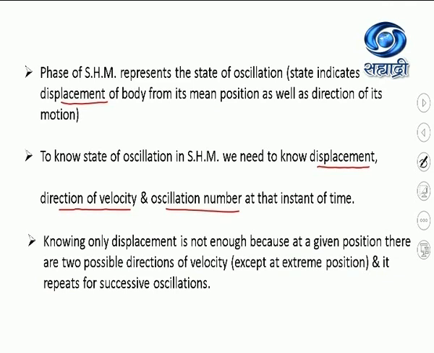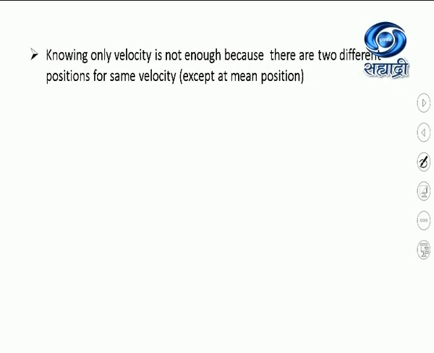So if the particle is at the mean position, then the velocity may be directed towards the left extreme or towards the right extreme. And apart from this, the oscillation is repeated after a particular interval of time. So only displacement information is not sufficient.